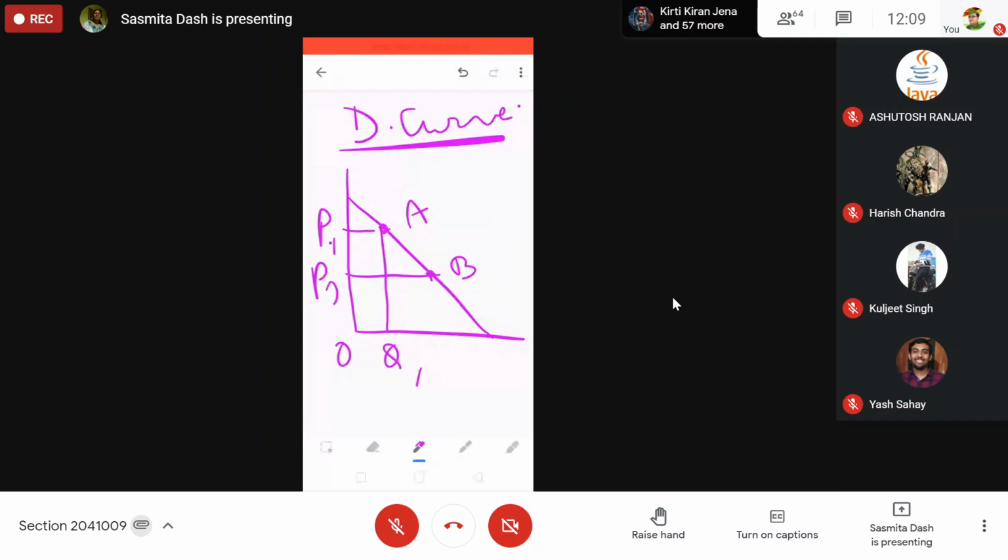When the price is P2, the quantity is Q2, and so on. So any point on the demand curve shows a particular price and its corresponding quantity.